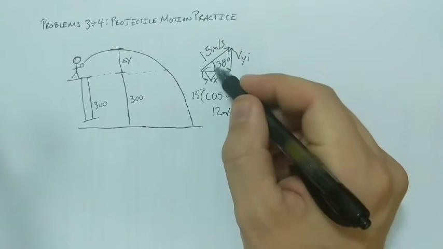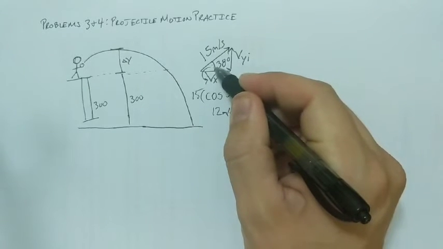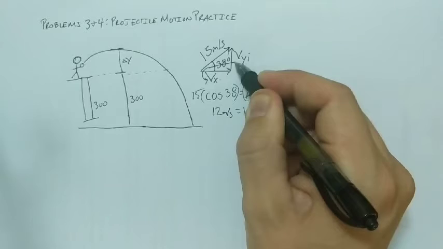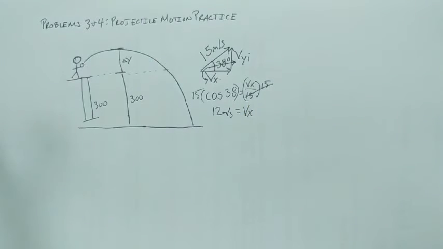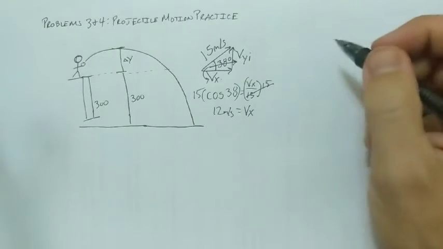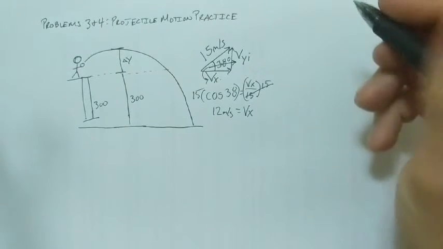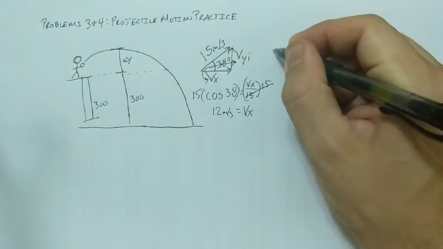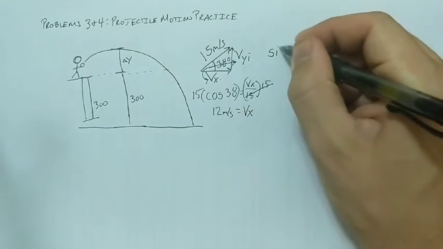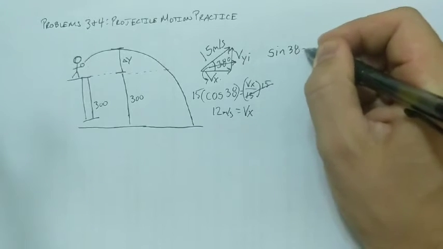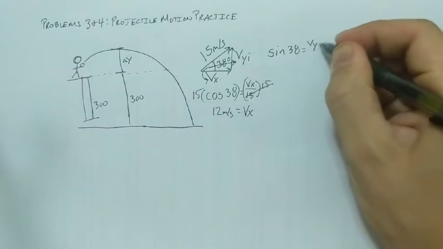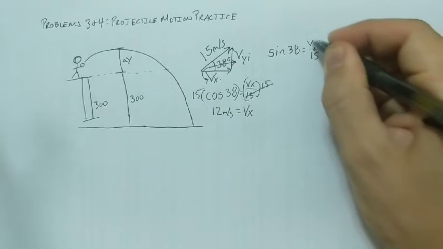To solve for Vyi, initial vertical velocity, that is the opposite side from my angle. So I need to use my sine function. So sine is opposite over hypotenuse. So sine of 38 equals Vyi over 15.